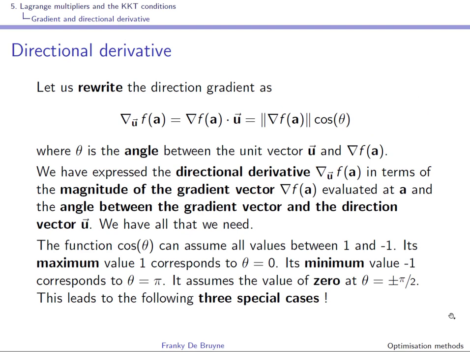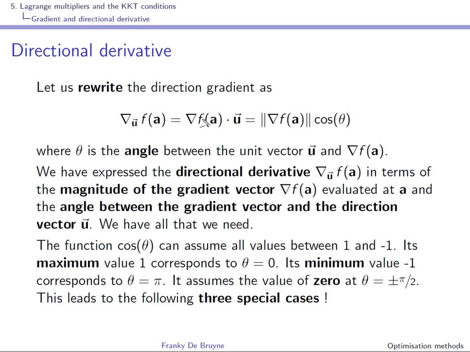We have defined the directional derivative or direction gradient as the rate at which the function changes in the direction u. This directional derivative is the scalar product of the gradient vector and the direction vector.